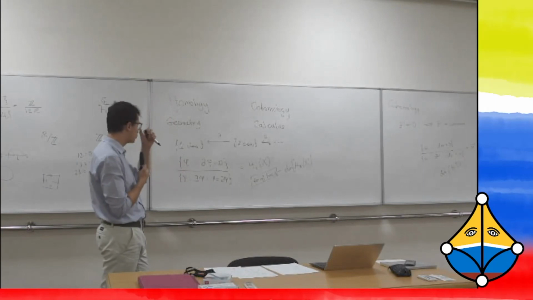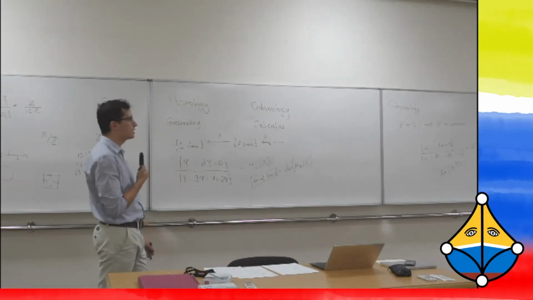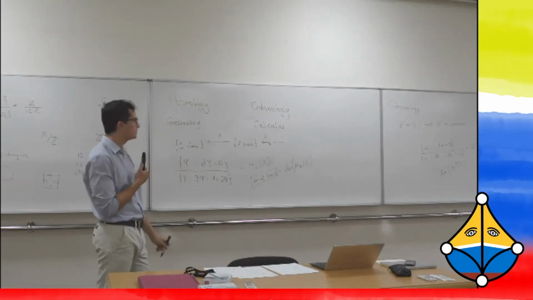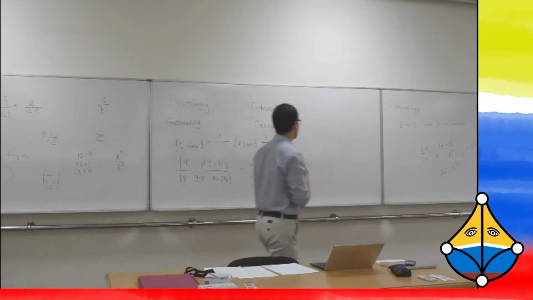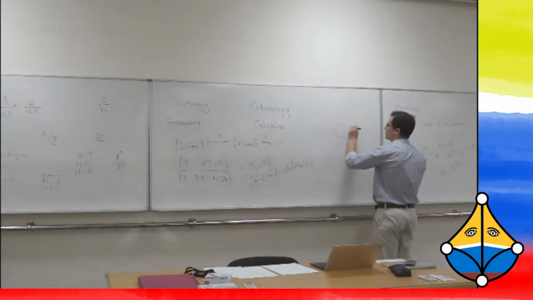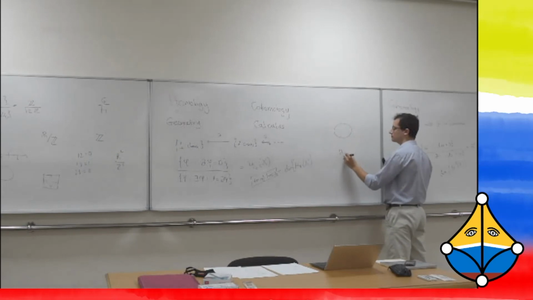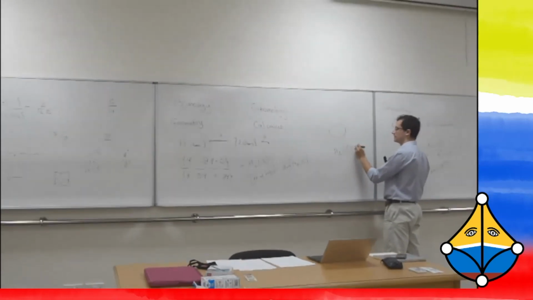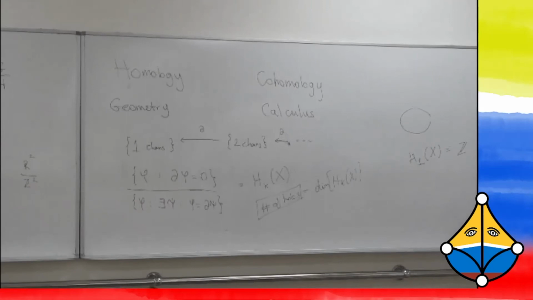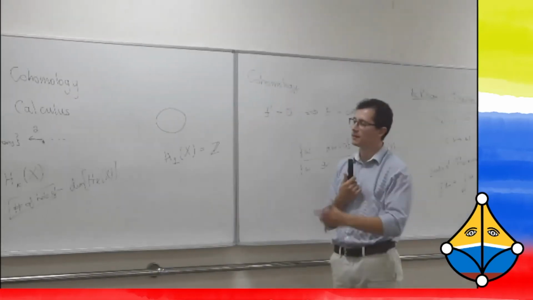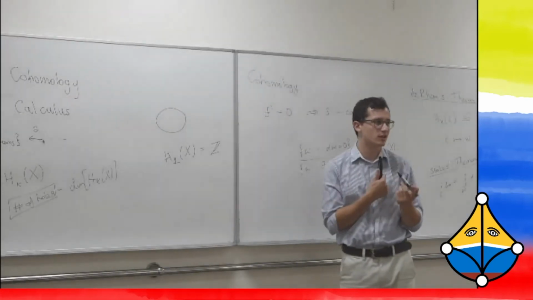For instance, the homology group of, say, the circle, right? The H1 of the circle is Z, okay? Personally, I don't understand the intuition of why it would be Z, but it's one dimensional in the sense that it has one generator, right?